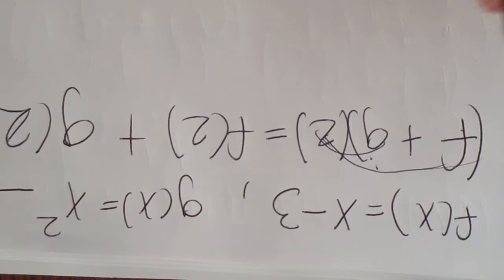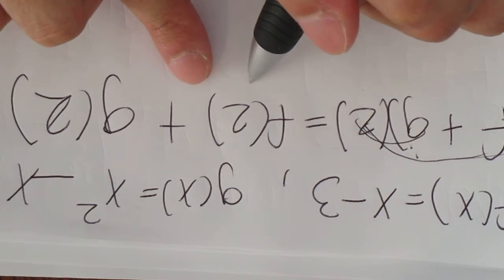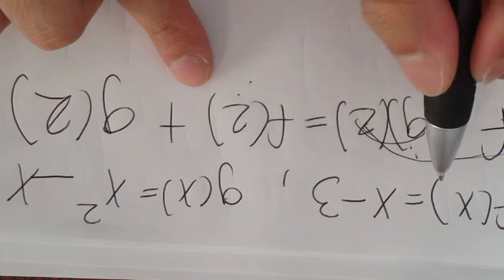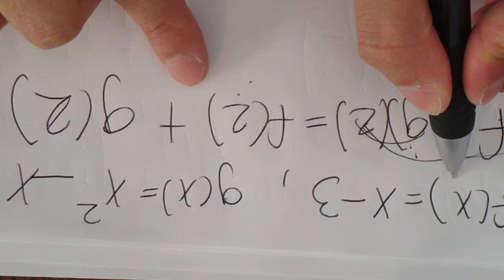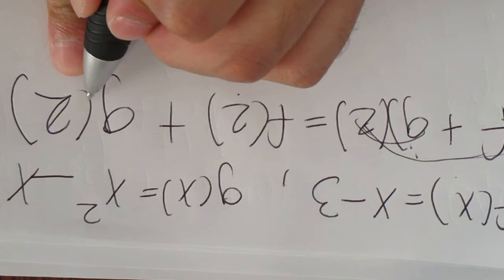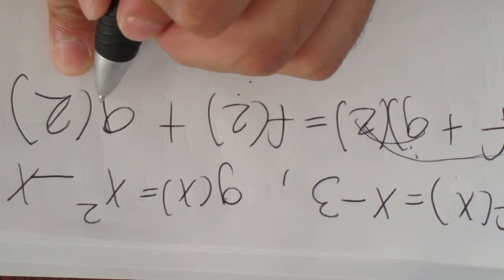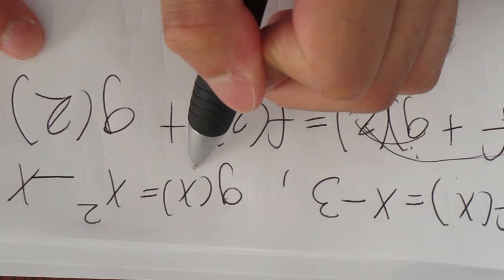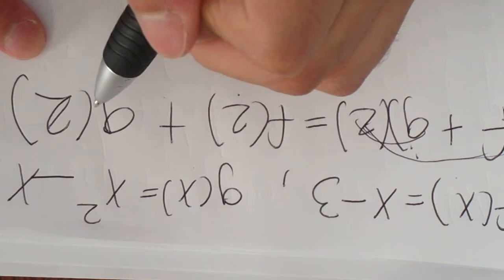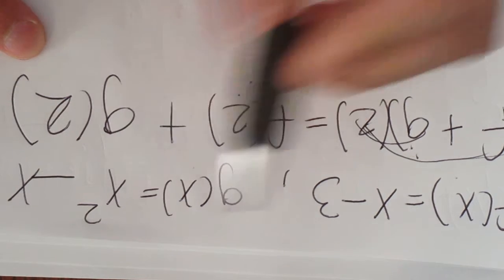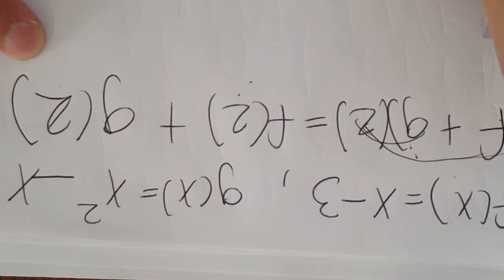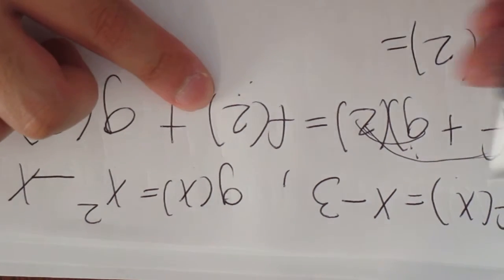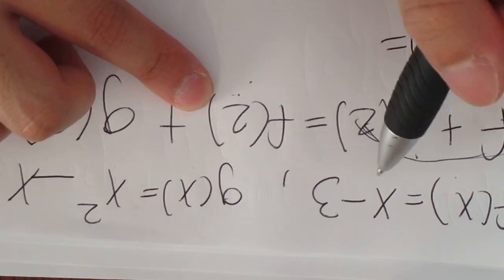What this means is, for f of 2, we're plugging 2 into the function f of x, and then we add the function g of 2, where you're plugging 2 into whatever the function g is. So first let's figure out what f of 2 is. All we're doing is plugging into the function f of x.